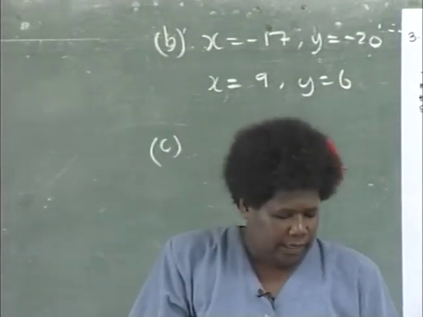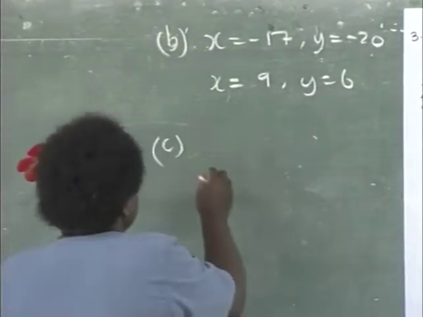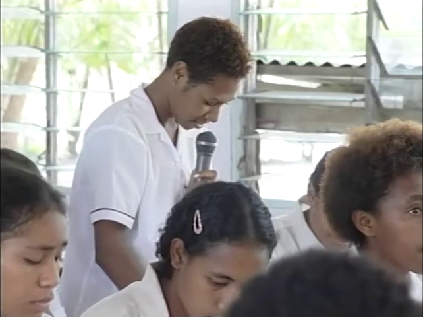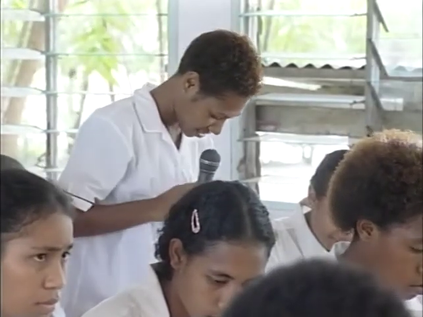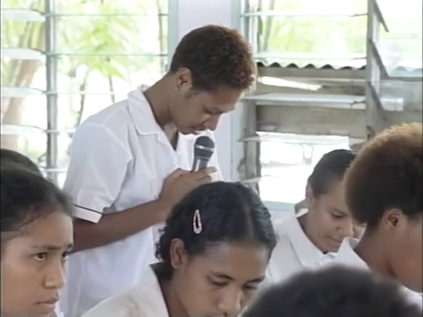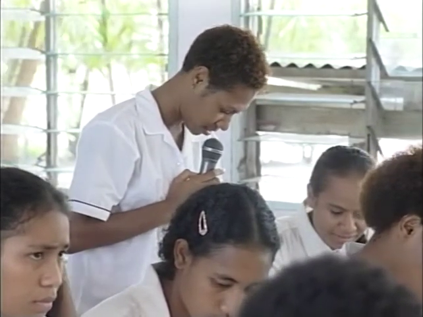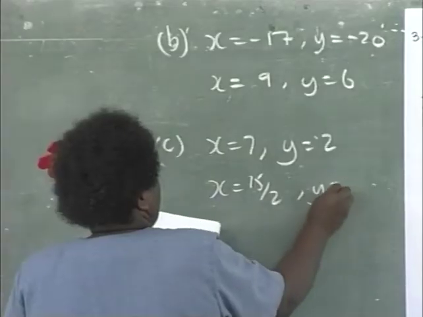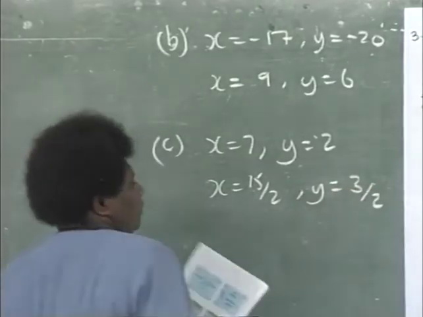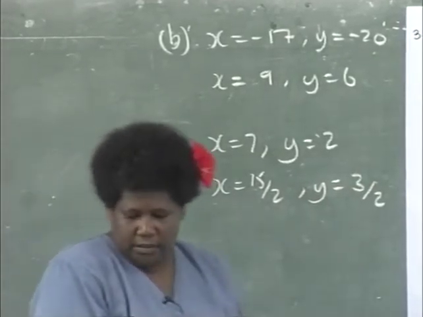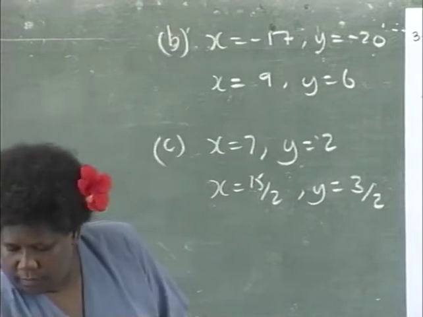All right, Raylene, letter C. X equals 7, y equals 2, x equals 15 over 2, and y equals 3 over 2. You can also have 7.5 and 1.5.